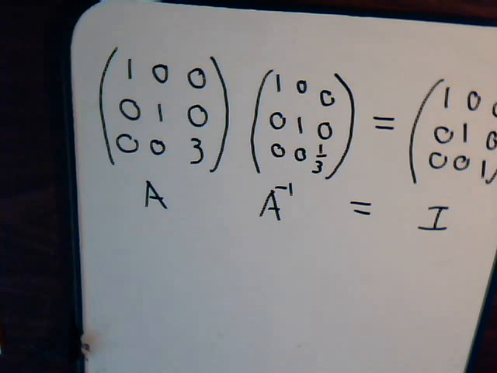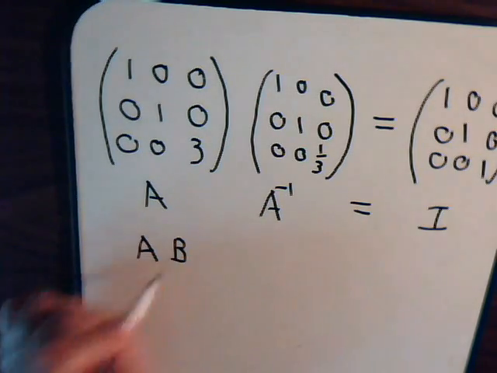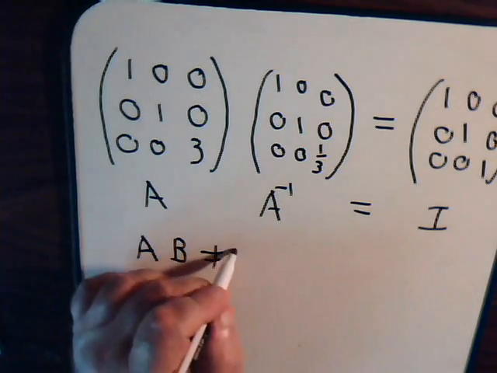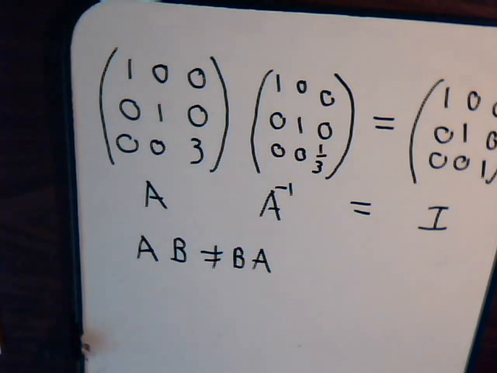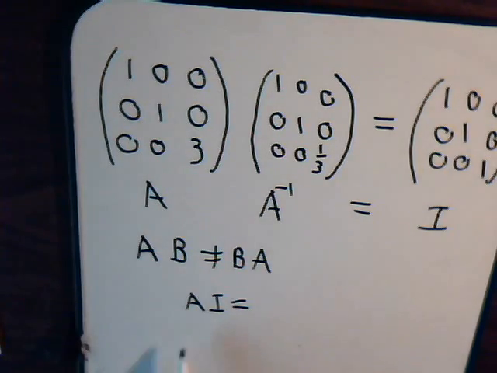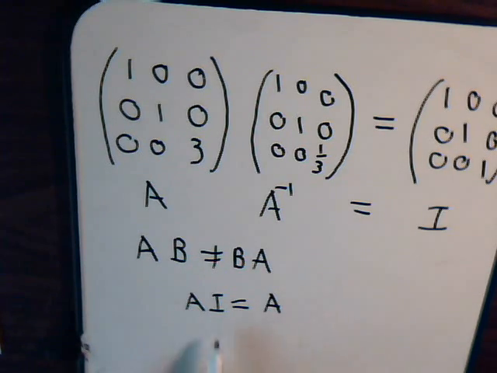Now, to be clear, we said in past videos that if we have a matrix A and we multiply it by another matrix B, that's not the same thing as reversing the order of the multiplication. However, if we have the identity matrix, A times the identity matrix always gives us our original matrix A. And it doesn't matter whether we multiply on the right or on the left.